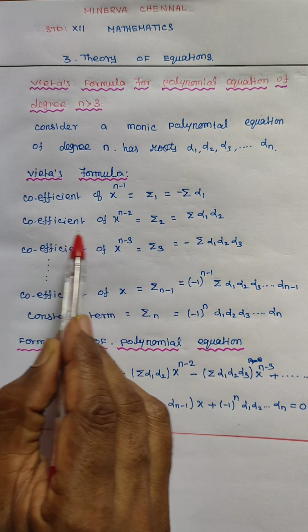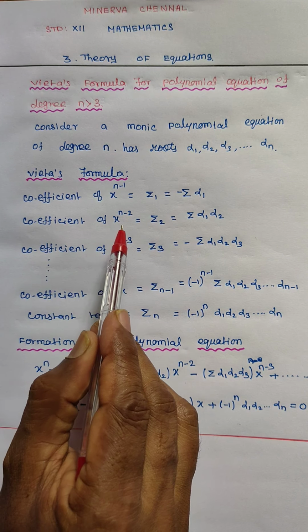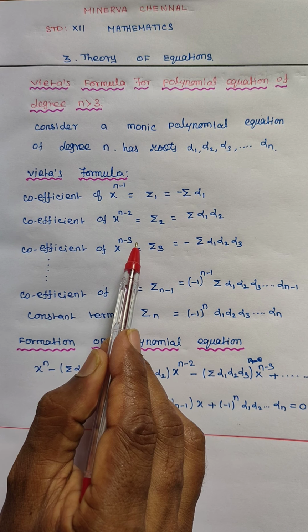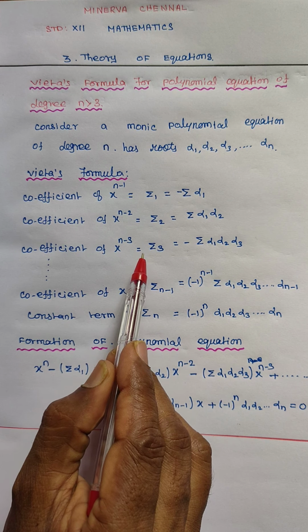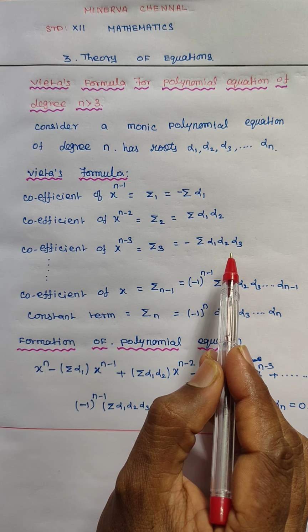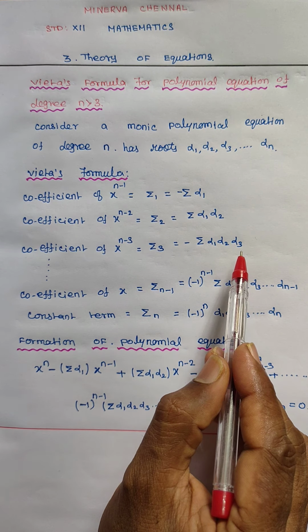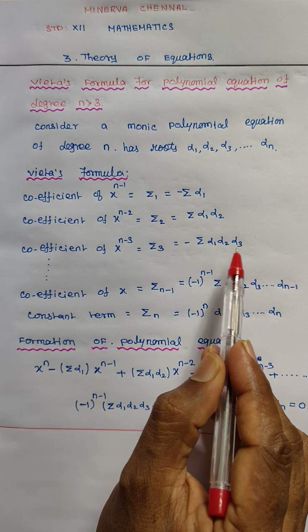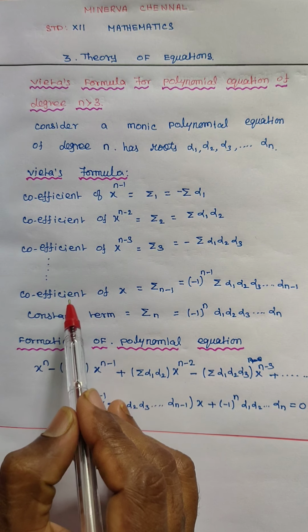Next, the coefficient of x power n minus 3 is equal to minus of summation of alpha 1 into alpha 2 into alpha 3, that means the sum of the product of all the roots taken 3 at a time, and so on.